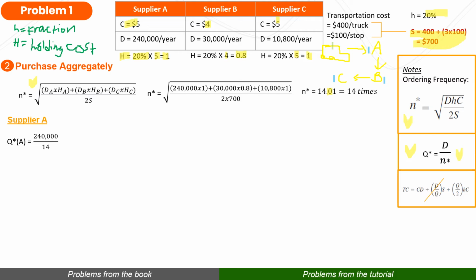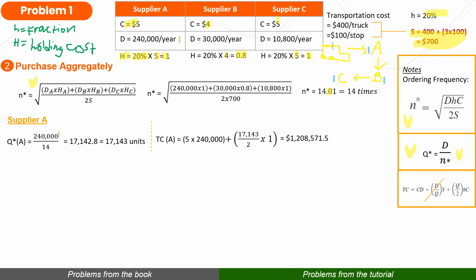So for supplier A, the Q star is its annual demand, that is 240,000 divided by 14, and we get 17,142.8 units, or we can round it up to 17,143 units.